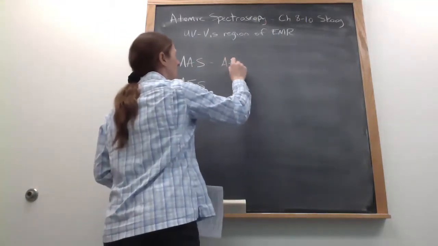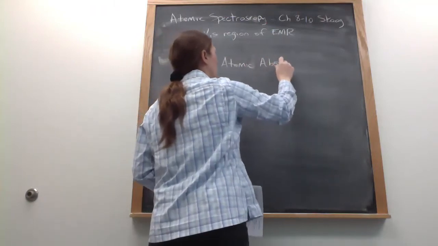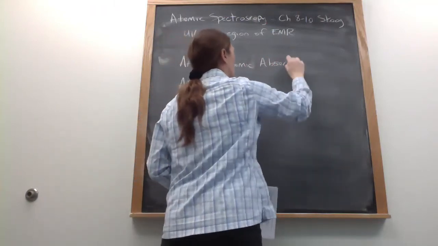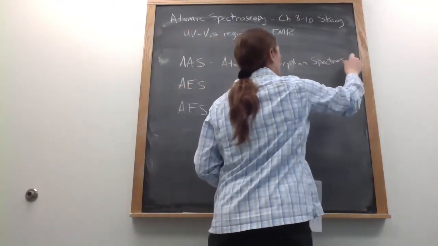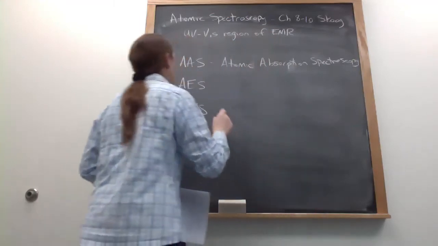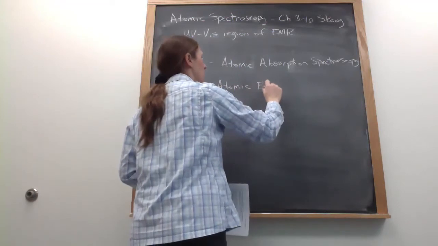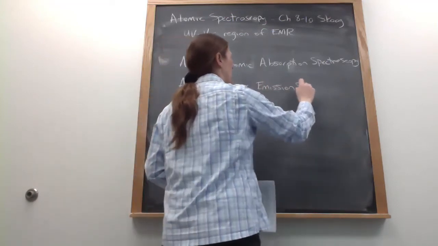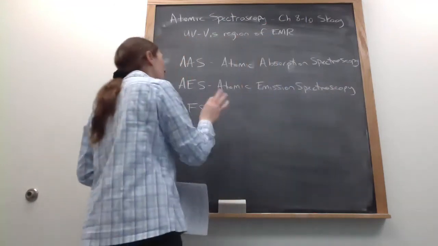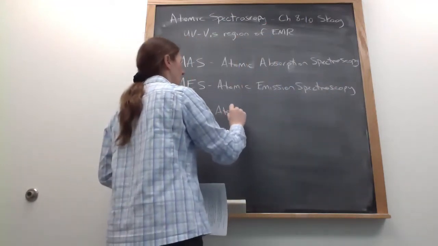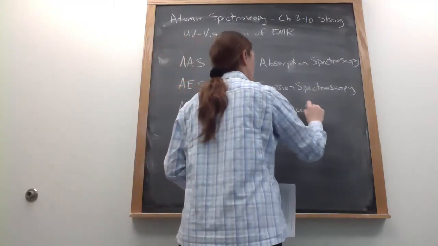AAS stands for atomic absorption spectroscopy. AES stands for atomic emission spectroscopy. And AFS stands for atomic fluorescence spectroscopy.